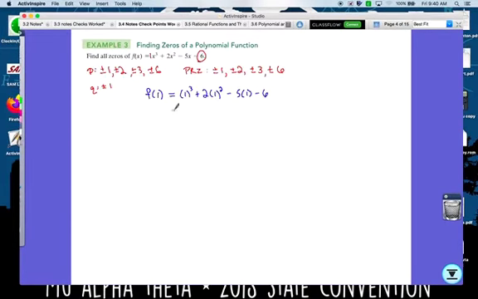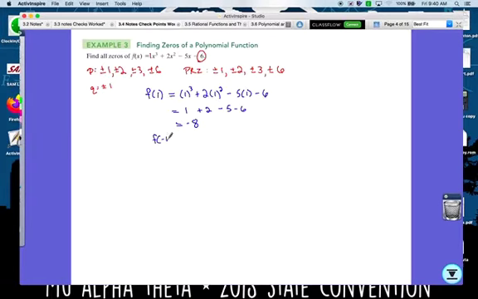So I'll work that out. That gives me 1 plus 2 minus 5 minus 6. That ends up giving me 3 minus 11, which is negative 8. That's not 0. So I throw that off of there. Doesn't work.